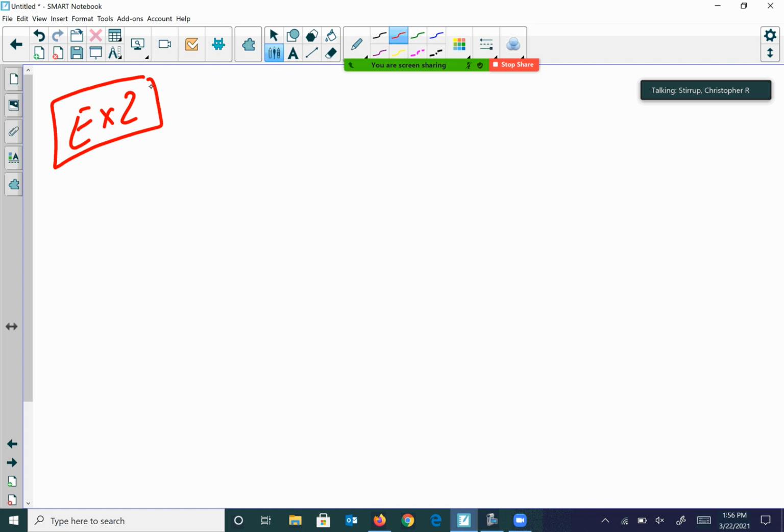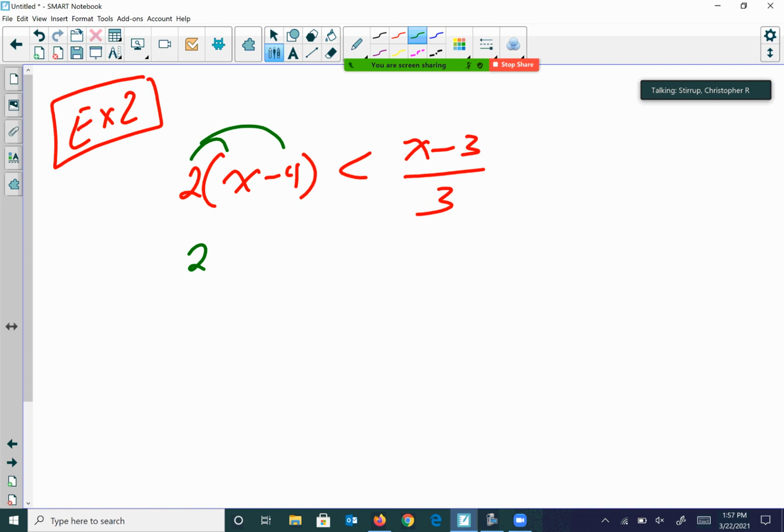All right, example 2 is going to look like this. Let's say we have 2 times (x minus 4), and this is less than (x minus 3) over 3. The main thing on this one is you could do this multiple different ways. You could say, well, let's distribute this over first.